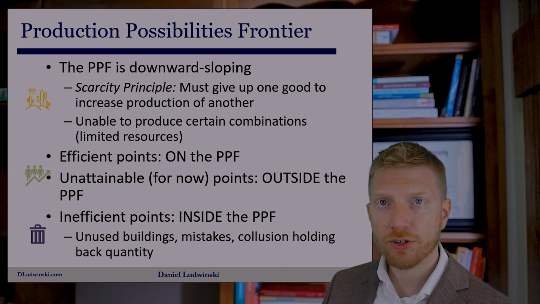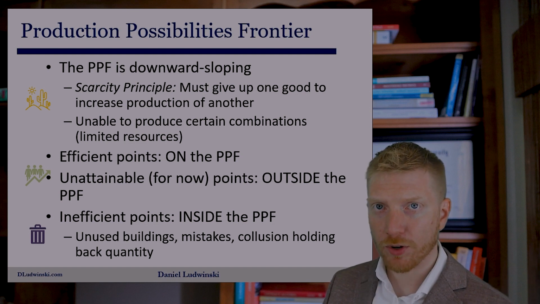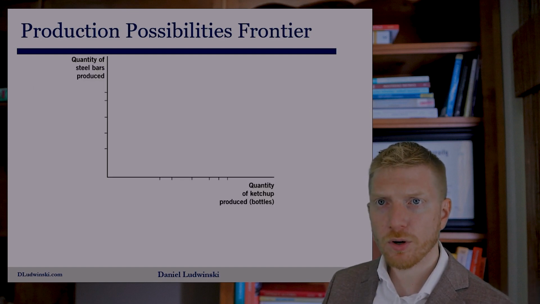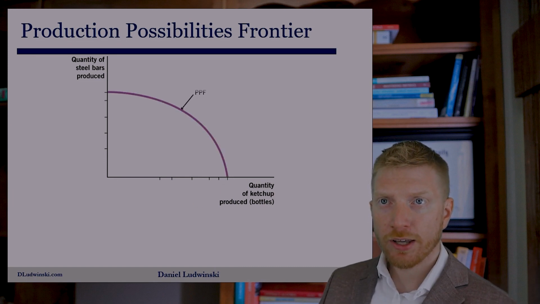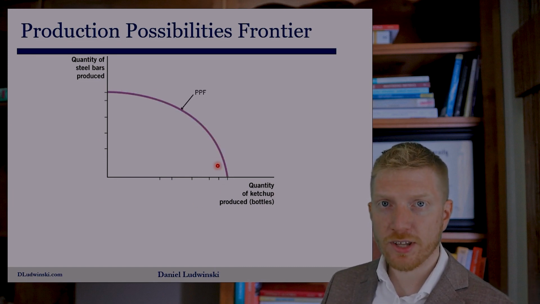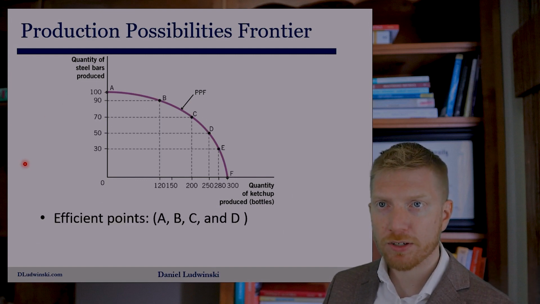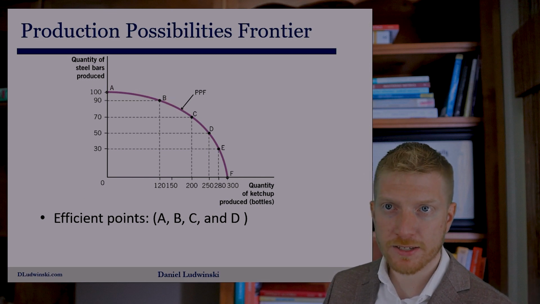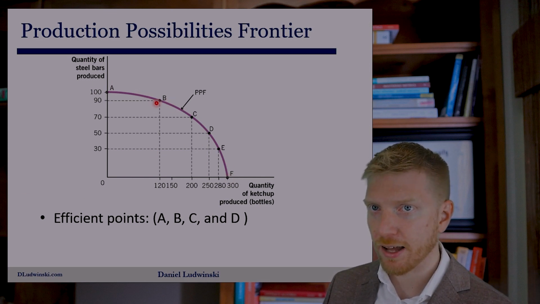So to introduce this frontier in a more general sense, I'm going to look at steel and ketchup in this example. Here is a production possibilities frontier that is a smooth curve. The efficient points are the points on the frontier. So A, B, C, D, E, and F are all efficient points. They're on the frontier.